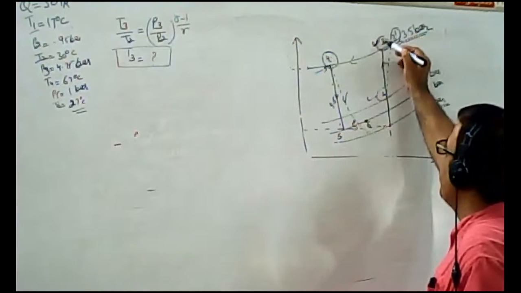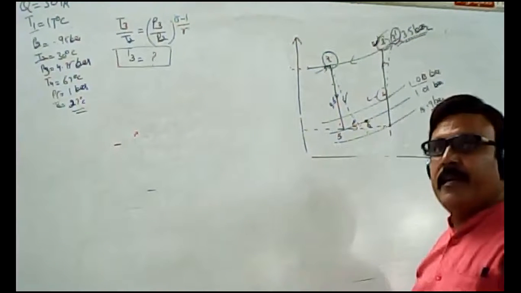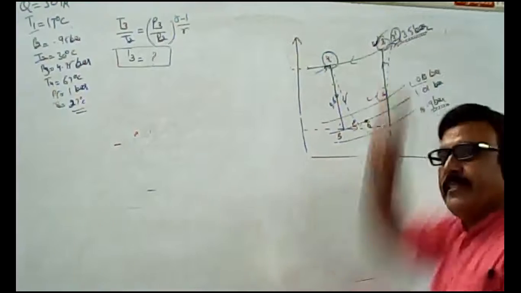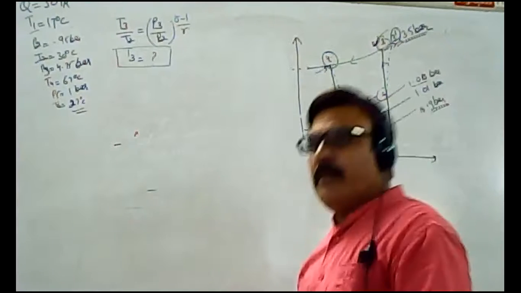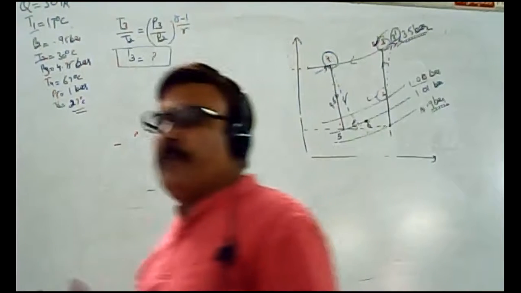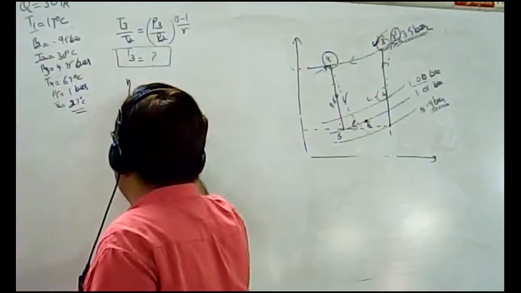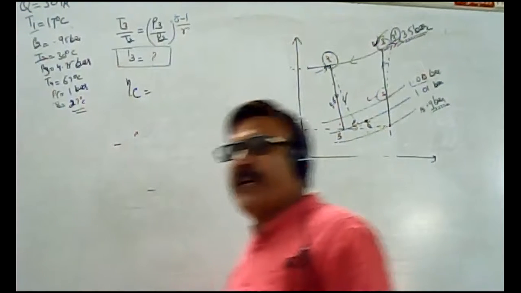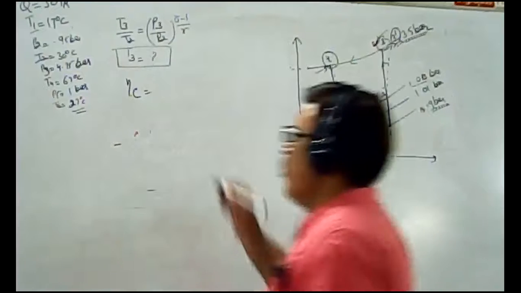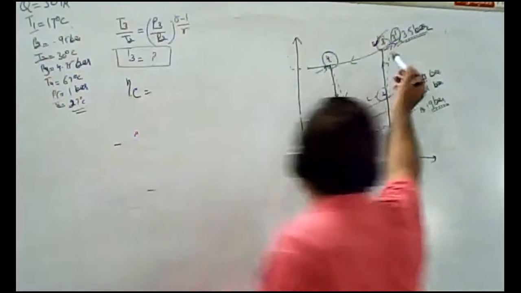Now, how to calculate the value of T3 dash? You have already found the value of T3. Now how do you calculate the value of T3 dash? I have already given you the efficiency of your compressor. Efficiency of compressor is isentropic increase in temperature over actual increase.